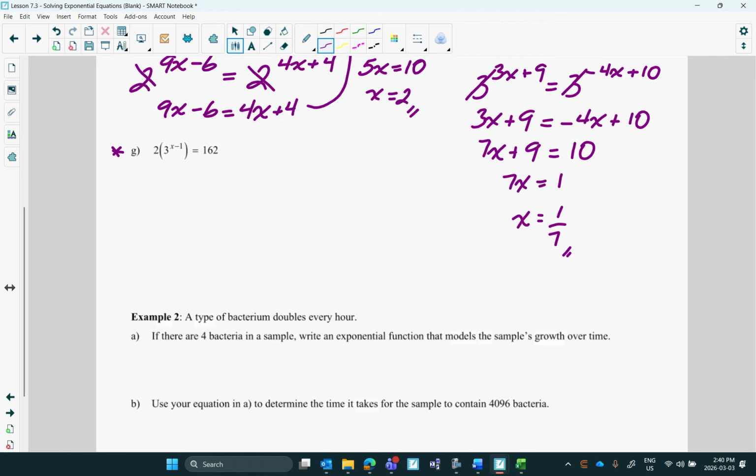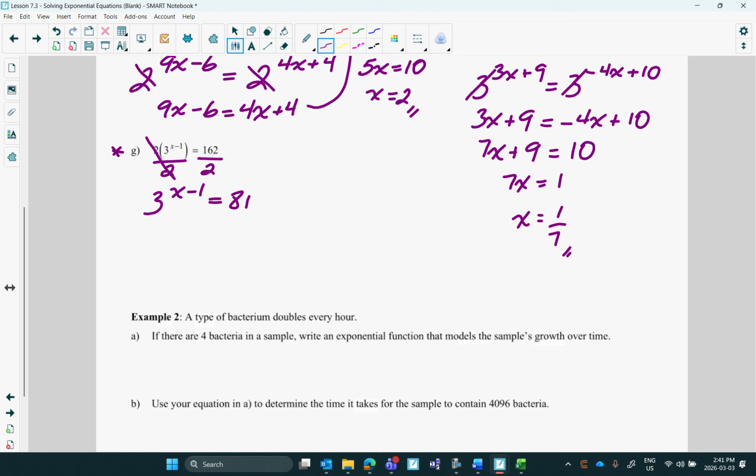Yeah, I divide both sides by 2. Now it looks familiar. So if you see a number in front of the power, divide it away. And then you'll be left with ones that we've been working on.